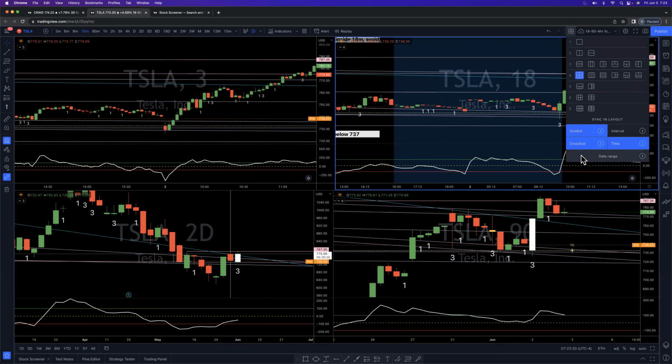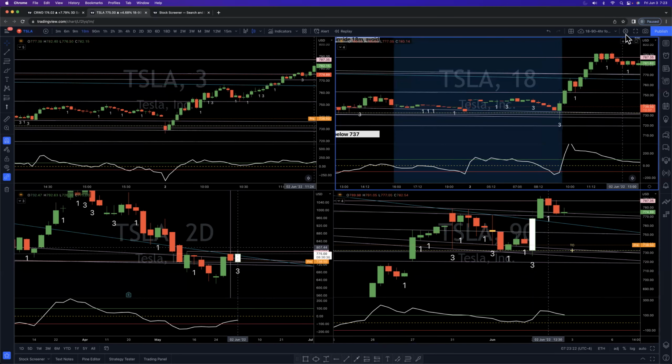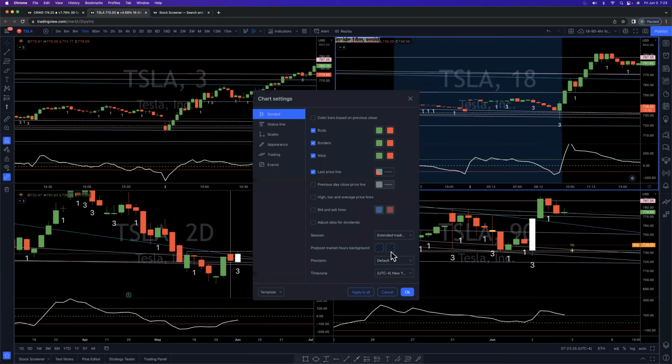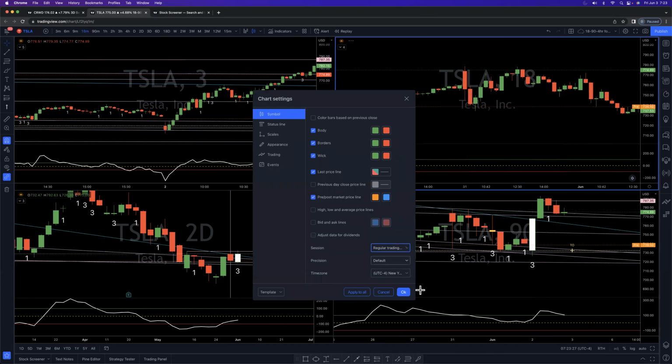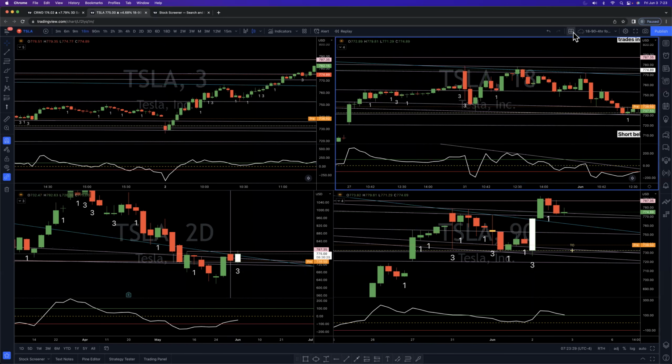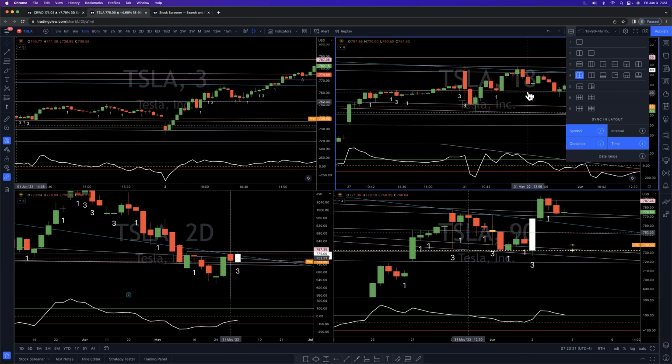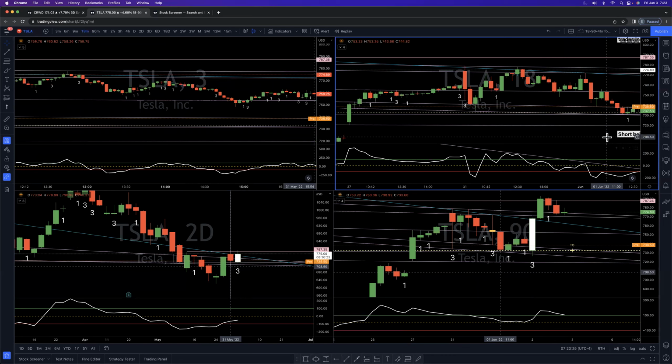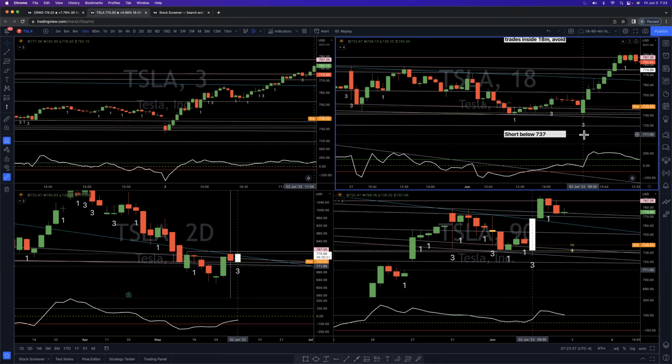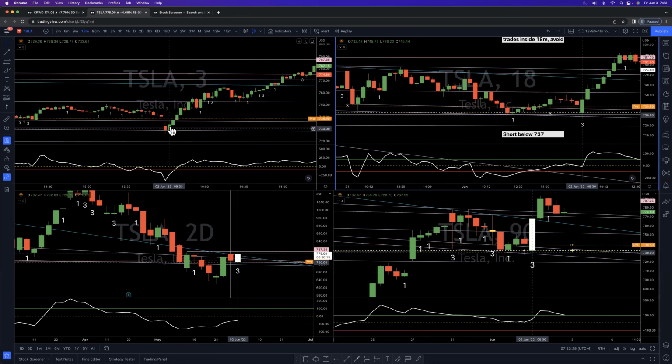So let's go back to regular trading. All right, so it hits our broadening formation, right? Trades up, then it crosses this line.